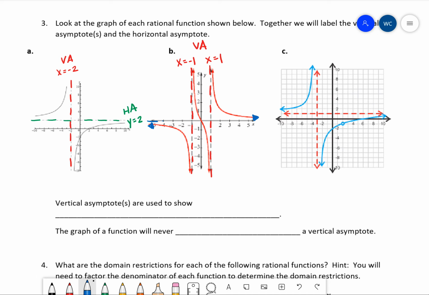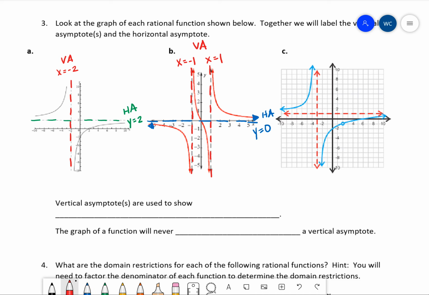So that becomes my horizontal asymptote, okay? It's where your graph gets really, really close, but never actually crosses. So I have a horizontal asymptote at y equals 0. Remember, the x-axis is y equals 0.